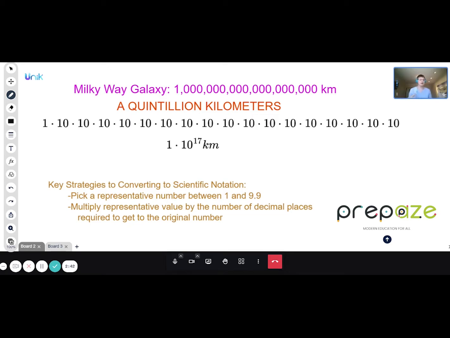And then we're going to multiply it by a representative value, a power of 10, to indicate the number of decimal places we have to move from that representative number in order to get our original number. So for the Milky Way galaxy example, we picked 1 as our representative number between 1 and 9.9, because 1 is the first number of the section. Then we multiplied by 10 to the 17th to indicate the number of place values that we moved.